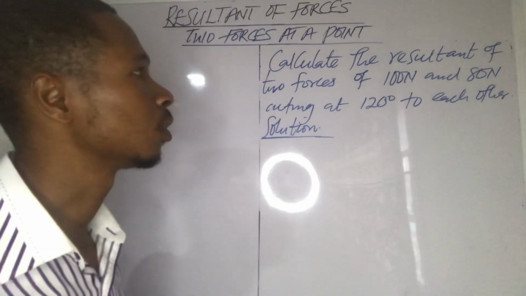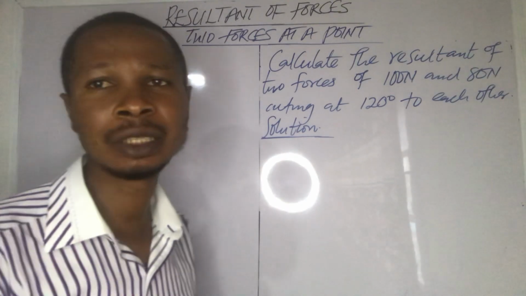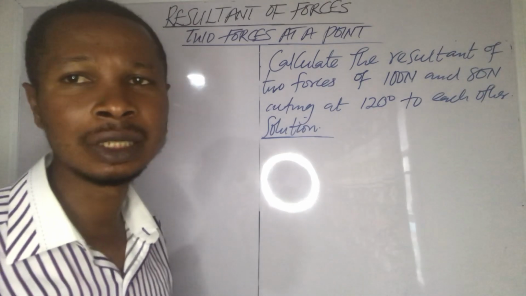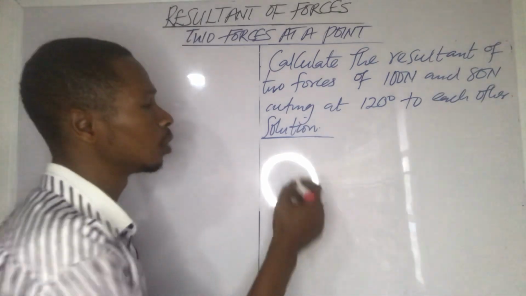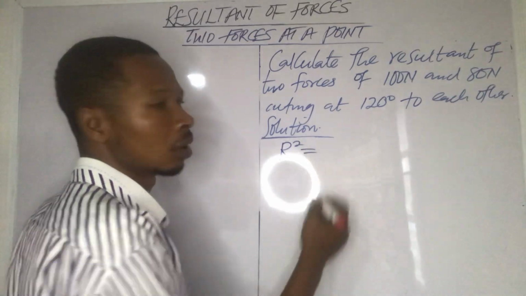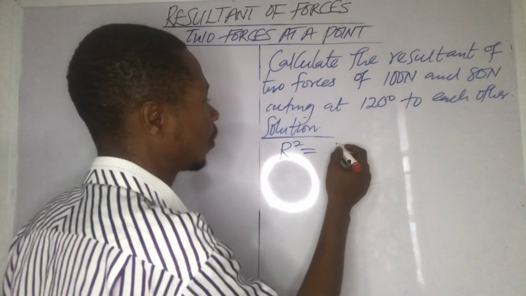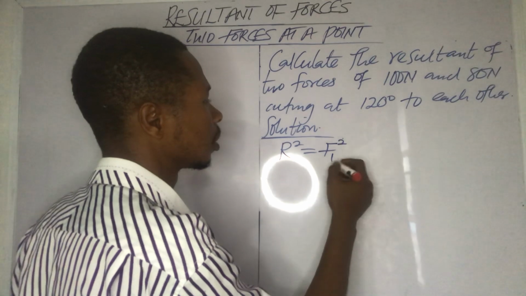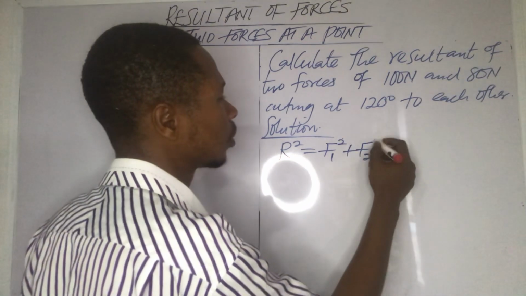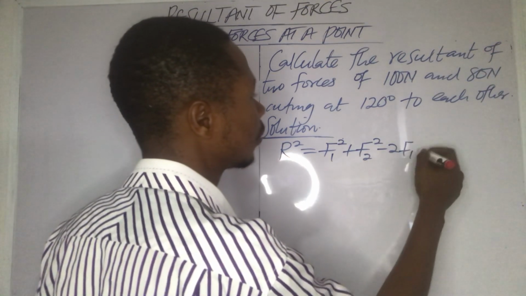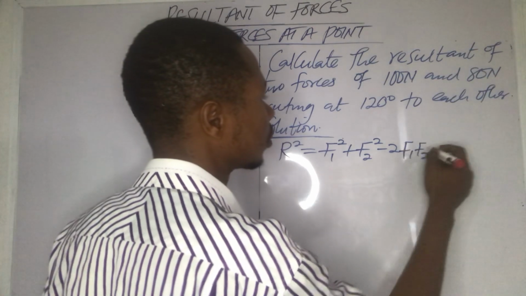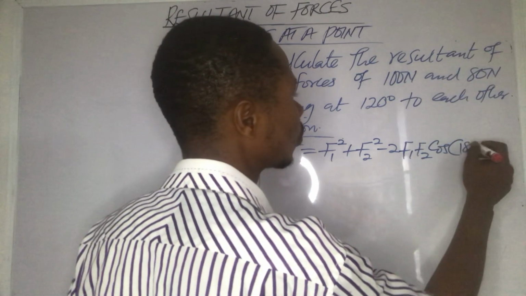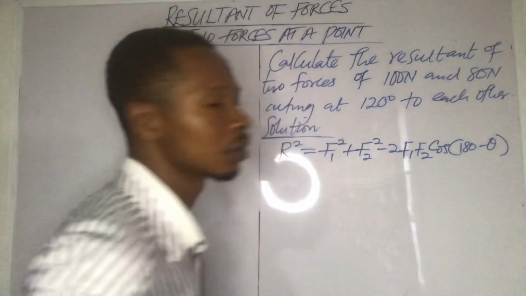Don't forget that to find the resultant of two forces acting at a point, to find the resultant in magnitude first, you use R squared is equal to F1 squared plus F2 squared minus 2F1 F2 cos (180 minus theta).